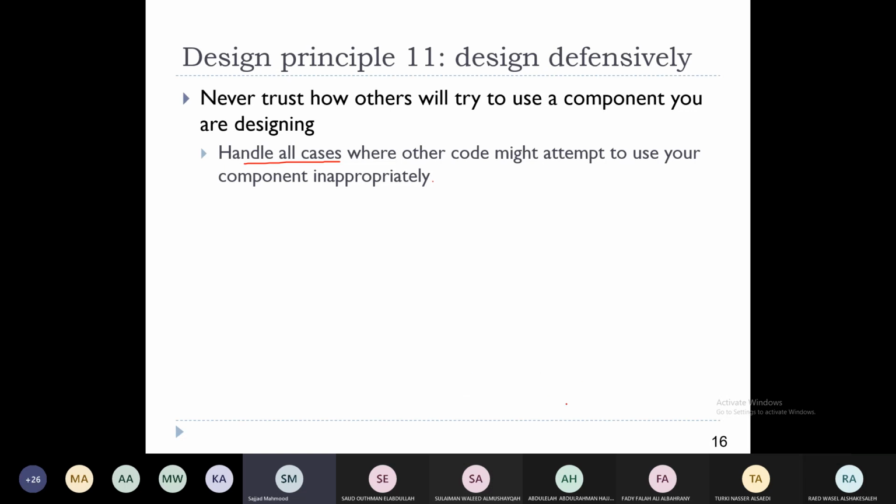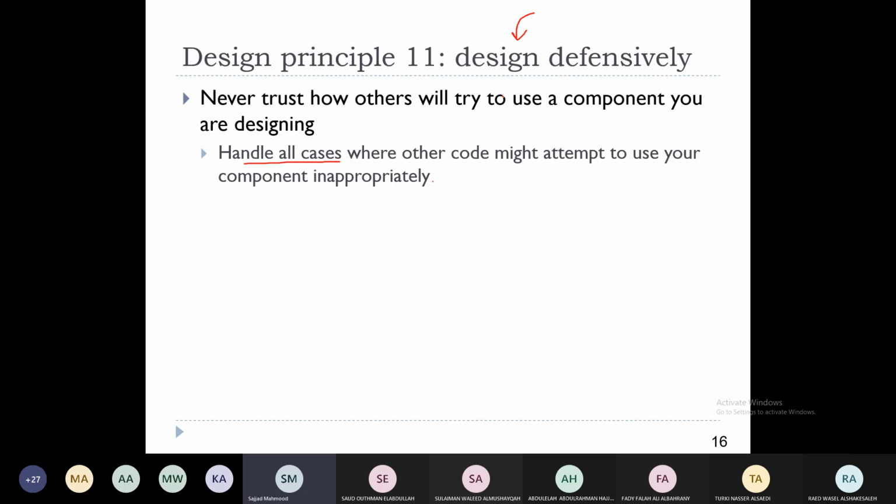And not only that, it should come back to a more stable state as well, right? And this is something as designers we sometimes overlook. We don't pay a lot of attention to this part, but this is very, very critical for us to do. You want your systems to be able to recover to a more stable state, because you cannot always expect that the person who is calling your class or using your method will always use it the way you thought.